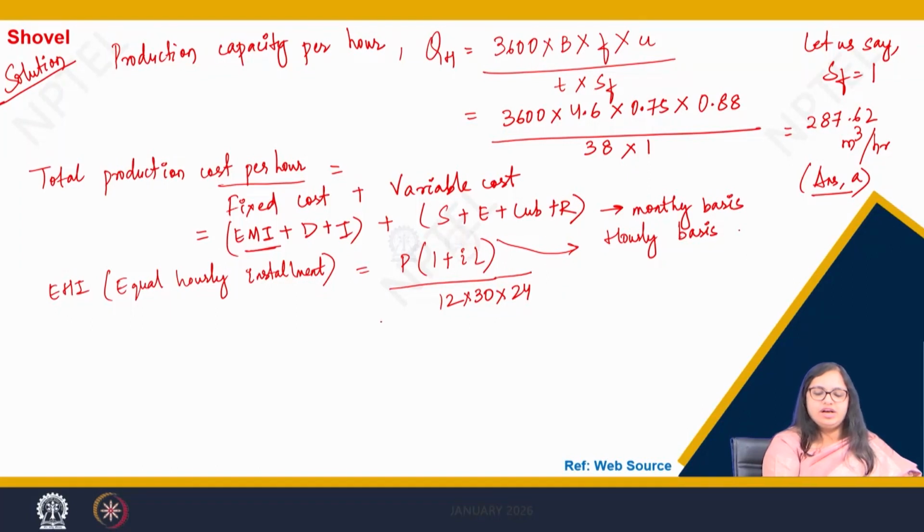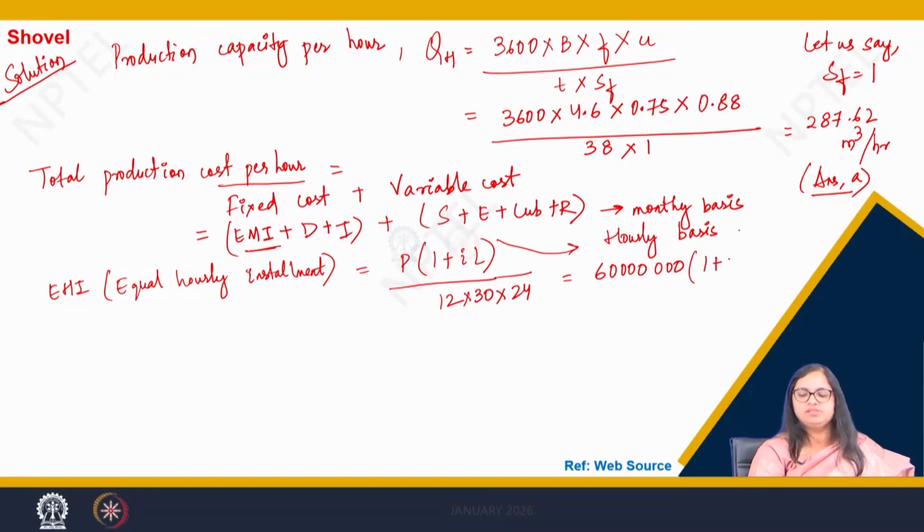So, what is the purchase price? This is 6 crores, which gives me 7 zeros, multiplied with 1 plus I into L, where L is the life of the machine in number of years.